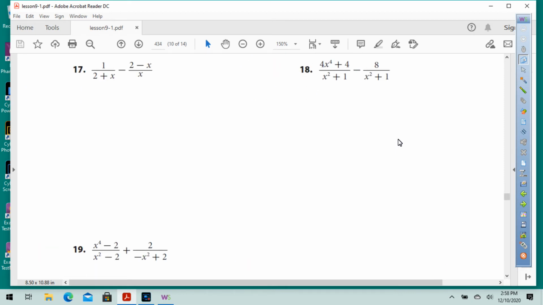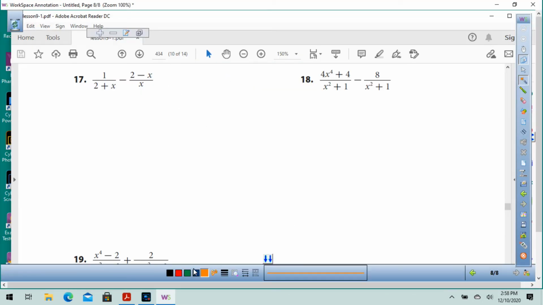Let's take a look at number 17 here. Now we're going to do a little subtraction. Now it's a party. Step 1. We got to make sure it's factored. And 2 plus x, that's factored. x is factored. So what do I got?